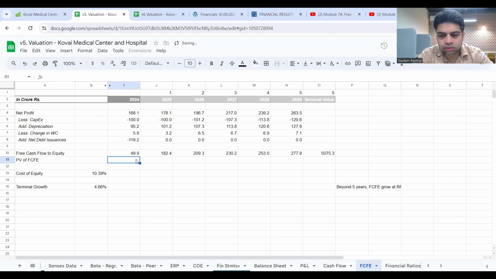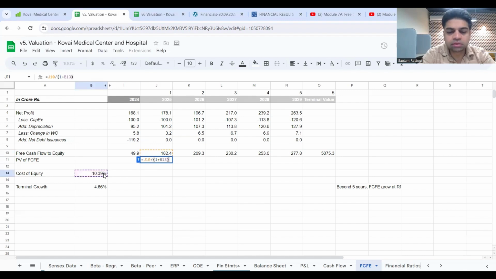You take free cash flow divided by 1 plus cost of equity, then caret. Sorry, we don't have to discount this free cash flow. You have to discount the 2025 free cash flow. So you take this free cash flow, divide by 1 plus cost of equity, and then caret 1.